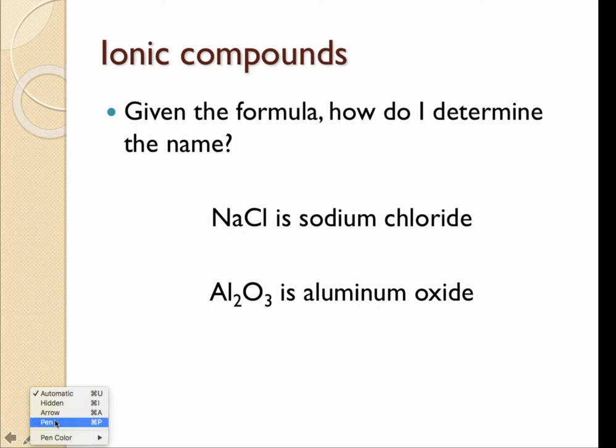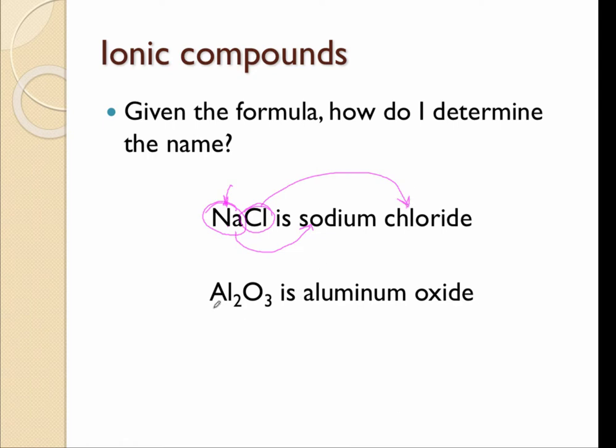So if we're given the formula, how do we determine the name? Again, identify the metal ion, and that's always first, and then we just use the element name for that. Identify the nonmetal ion, which is always second in a simple binary. Find the root and add ide.